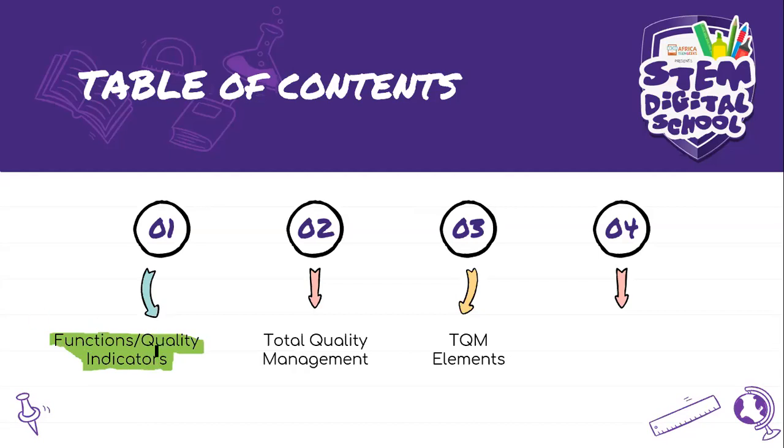So we've dealt with different functions. We looked at marketing function, product function, your HR function in order to make your business a success. Then yesterday we touched a little bit on total quality management and its elements, but we're still going to look at its characteristics and advantages and disadvantages today.